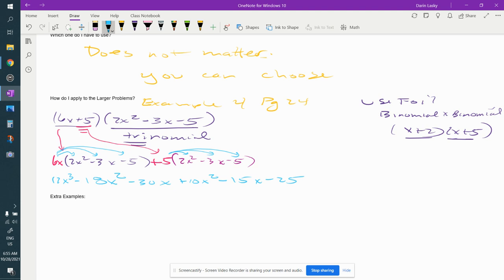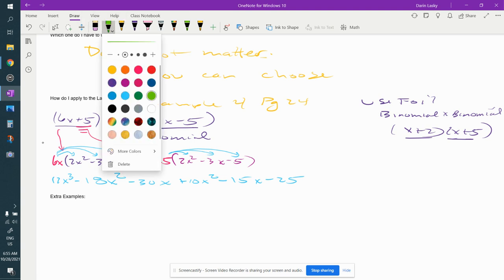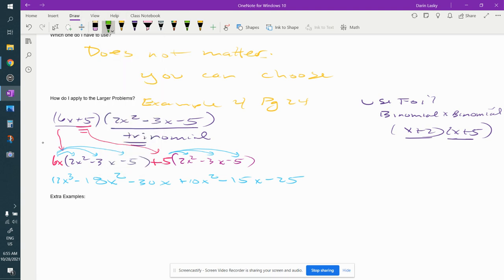And then what I do from there is I combine my like terms, and that's going to clean it up for me. We'll do green. I'm going to take negative 18x squared and combine it to this one. And then I'm going to take negative 30x and combine it to this one, negative 15, and that's going to clean everything up.